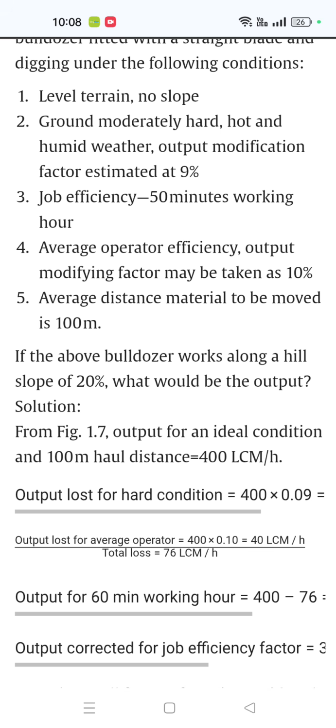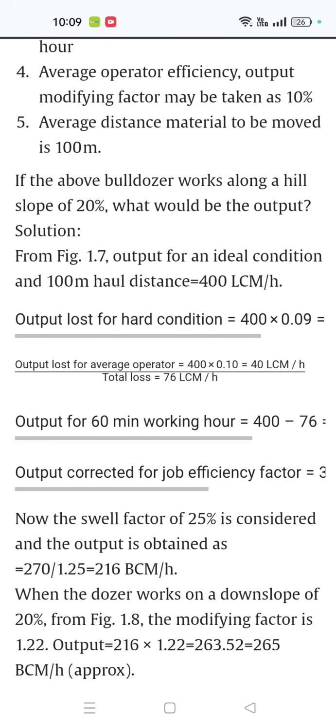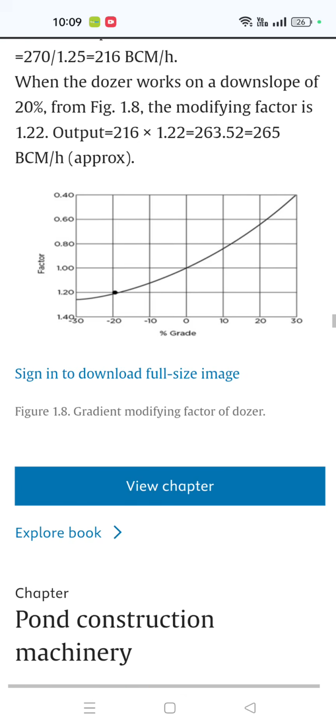Job efficiency: 50-minute working hour. 4. Average operator: a greater efficiency output modifying factor may be taken as 10%. 5. Average distance material to be moved is 100 meters. Okay, see the detail.